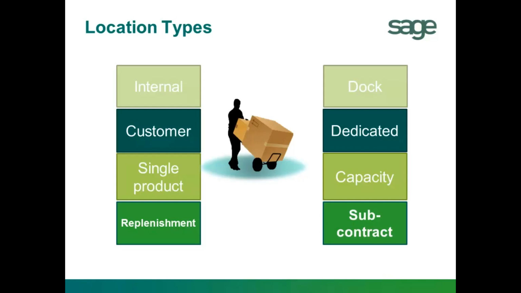And all the location types are governed by the authorized statuses, A for accepted, Q for quality control, and R for rejected, as well as substatuses.